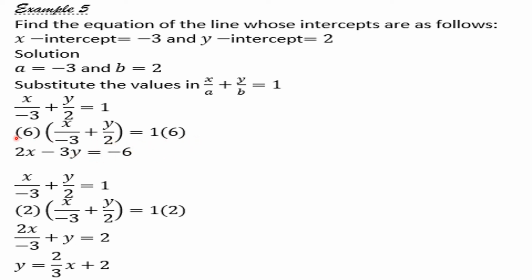So, I multiplied both sides of the equation by -1 so that -2x becomes +2x. That's why it became 2x minus 3y equals -6, so I multiplied both sides by -1.